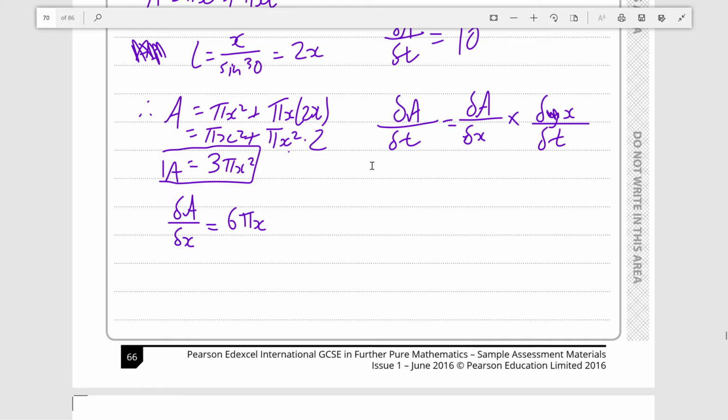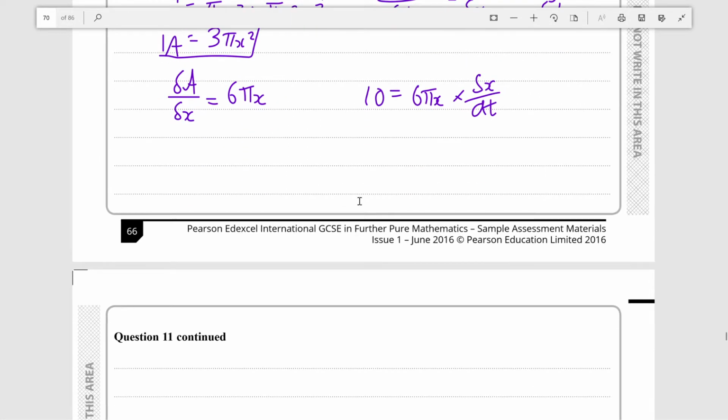So now we know dA by dt is 10, must be equal to dA by dx, which is 6 pi x, times dx by dt. And therefore, you can figure out that dx by dt must be equal to 10 over 6 pi x, or 5 over 3 pi x.